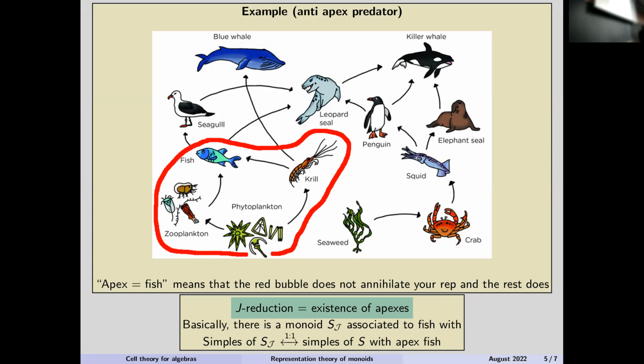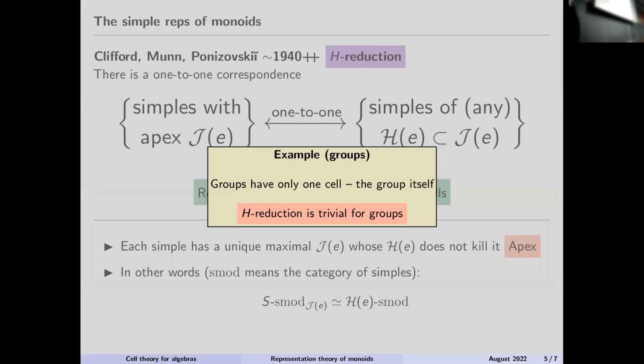But we also get a statement that simples with apex J are in one-to-one correspondence with algebras coming from the J side. It's not a very impressive statement. Anyway, so here is a picture. I hope you can remember it in 5 years or so. I would be very happy.